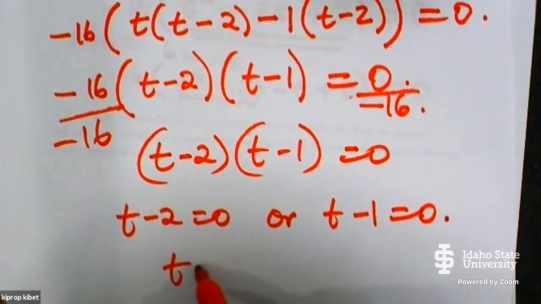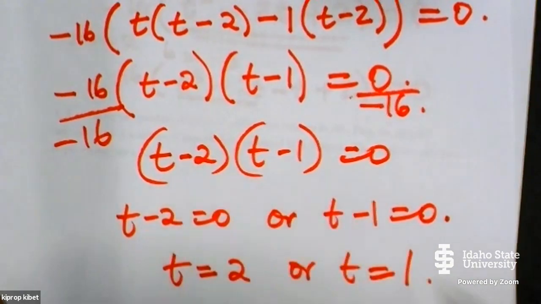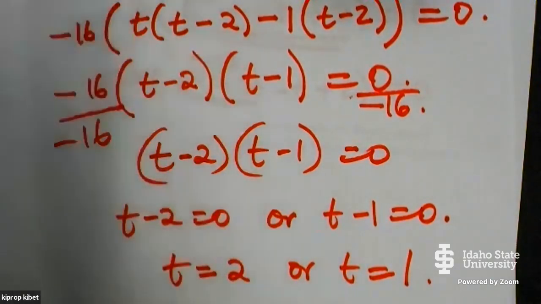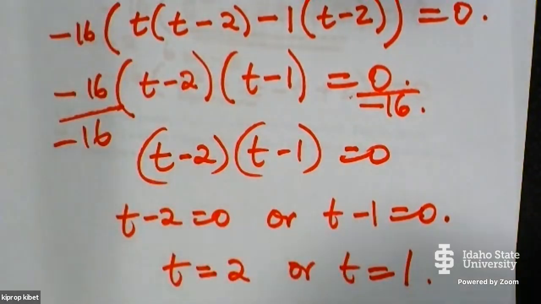So t equals 2, or t equals 1. So now we have the time there, t equals 2 and t equals 1. Okay. That's clear?